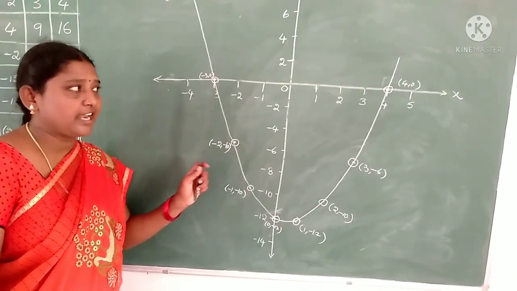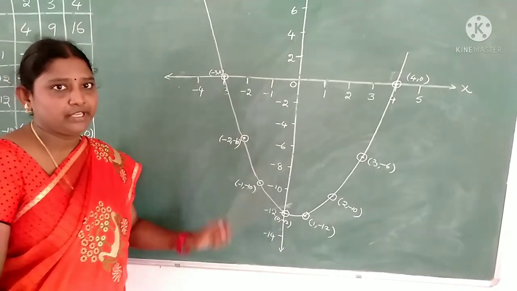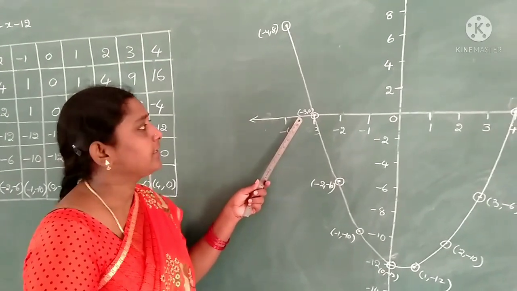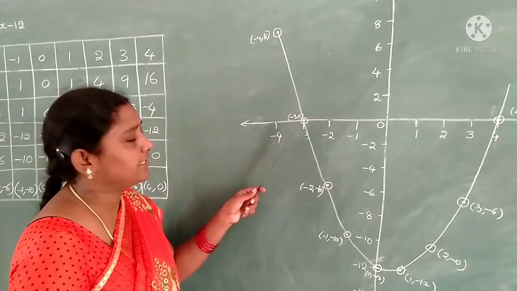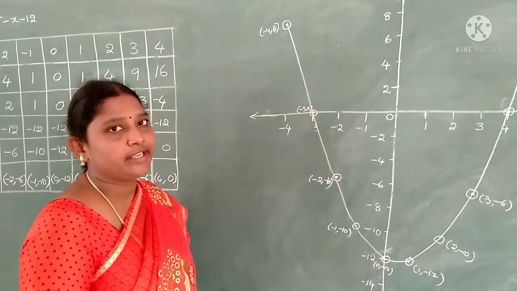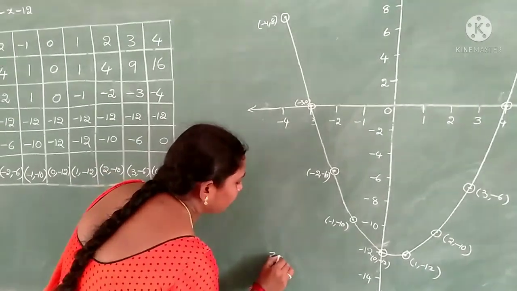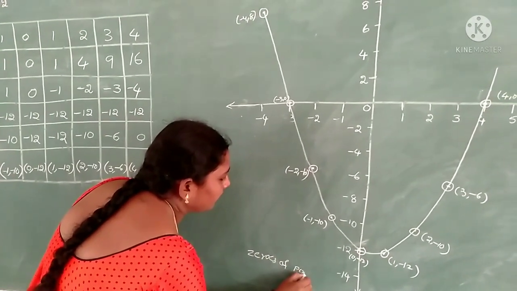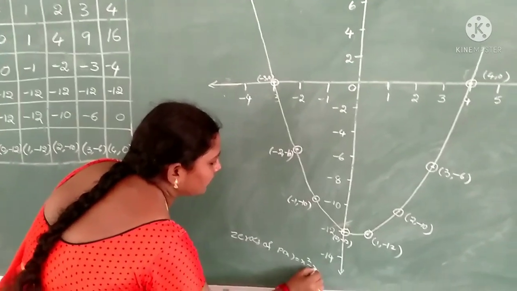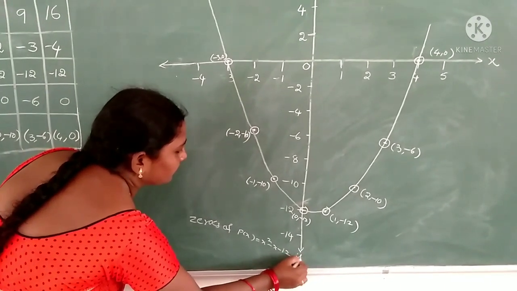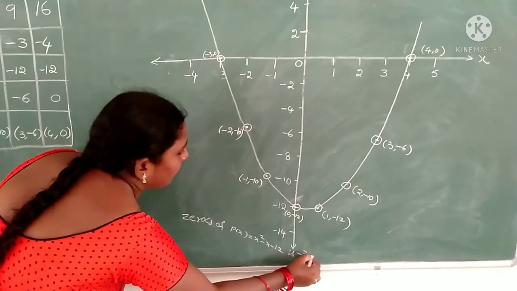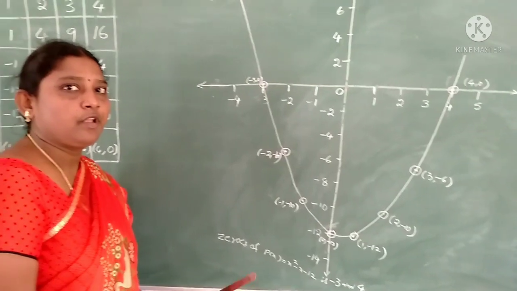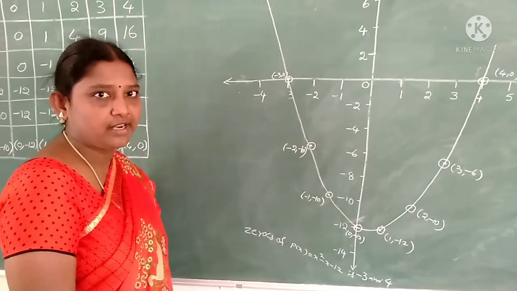The x coordinates of the points where the graph intersects the x-axis we call zeros. So the zeros of the polynomial x square minus x minus 12 are -3 and 4. Let us now justify our answer.